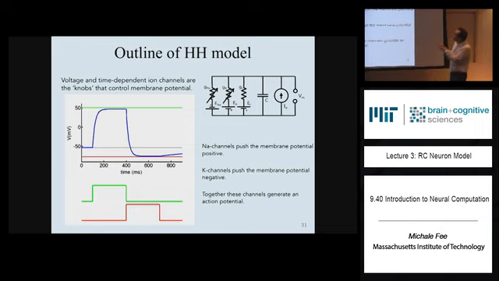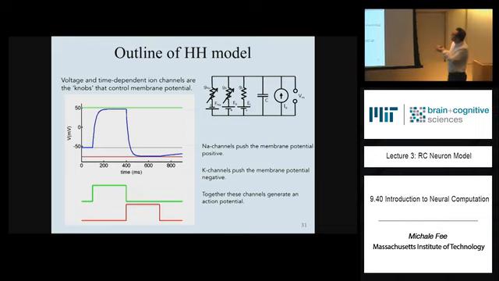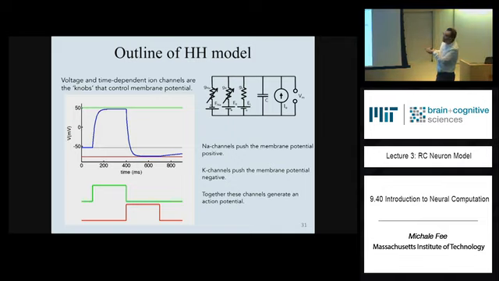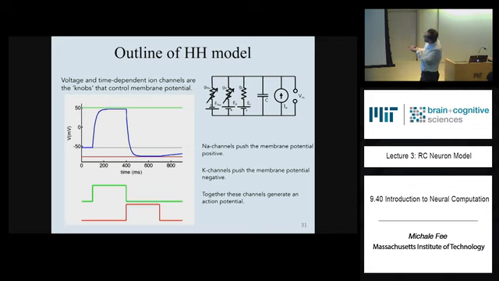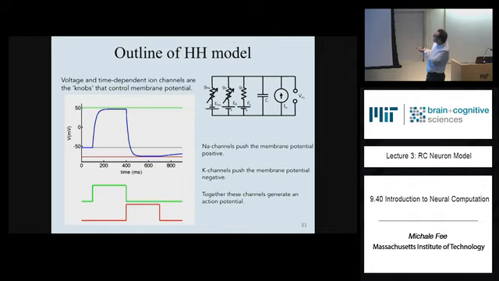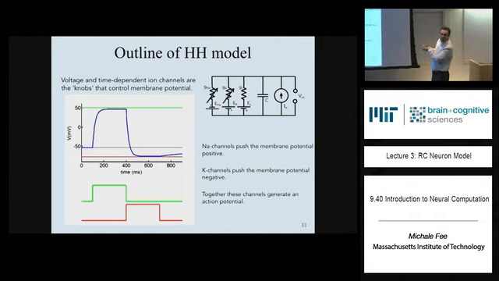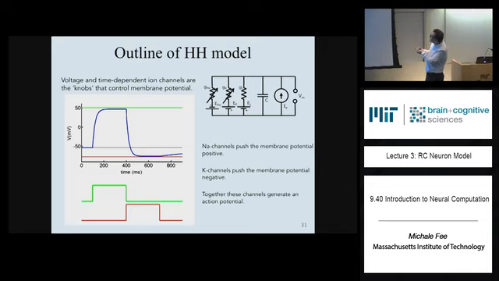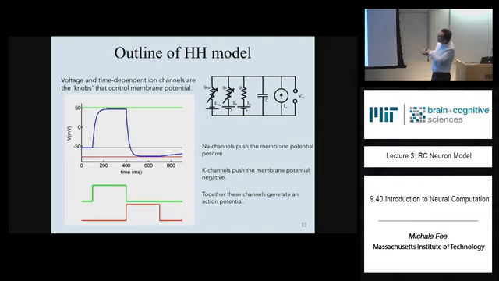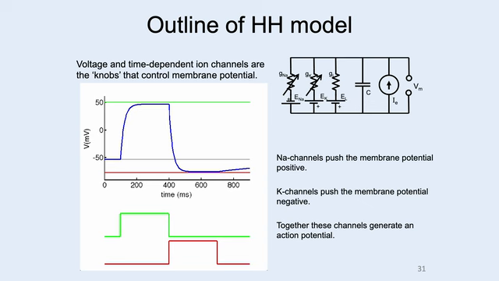If you make this resistor really small and that resistor big, the voltage jumps up toward ENa. Why is that? Because you're connecting the inside of the cell to that battery. Turn that off and then turn on this conductance, setting that resistor to be very small. Now you're connecting the inside of your cell to this battery, which is negative down here. So you can just control the voltage of the cell up and down just by twiddling these knobs.